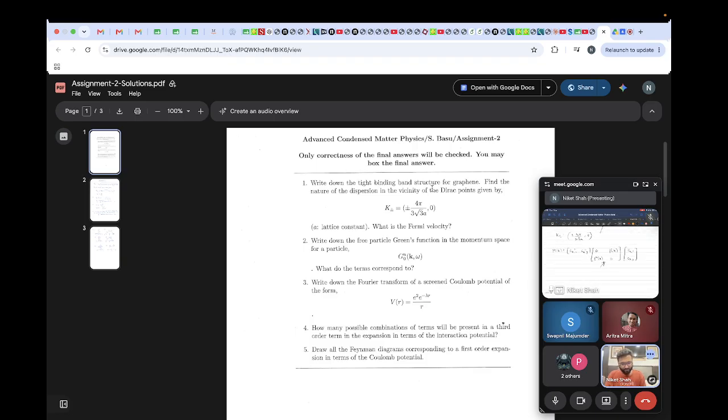So what do I end up getting? Basically it will be this matrix minus lambda I, मतलब minus lambda, f of k, f star of k, minus lambda. This is what we do, right? And we take a determinant of this. The determinant of this has to be equal to 0. That gives me the band dispersion, correct?